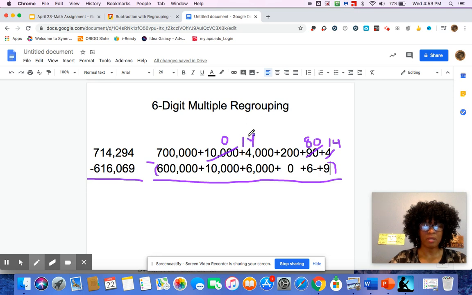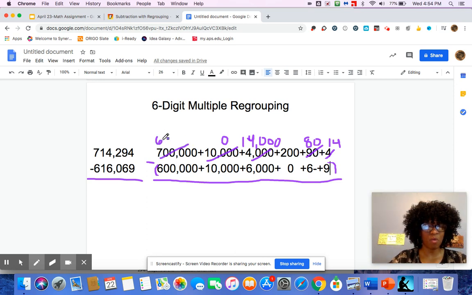Oh, well, that is an ugly 4. Let me see if I can fix that. Okay, I'm going to cross that out. Okay, so that looks good. 14,000 minus 6,000. Now we have a smidge of a problem here, but that's okay because our 100,000s place has plenty for us to take from.